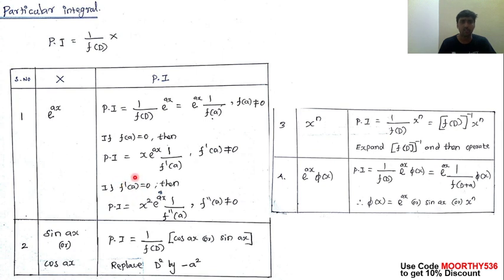If f dash of a is equal to 0, again we have to follow the same procedure as in the previous case. Again we multiply by x, then differentiate the denominator a second time. Okay, this is the procedure. Next we are moving into the discussion on the e power ax format as per the multiple choice questions.